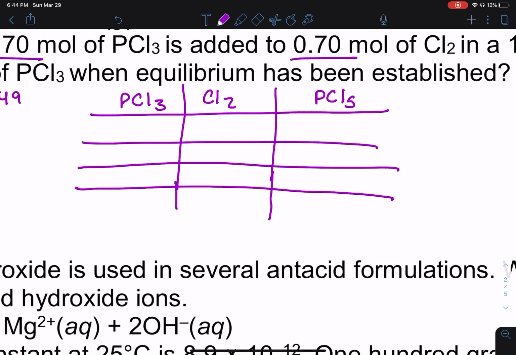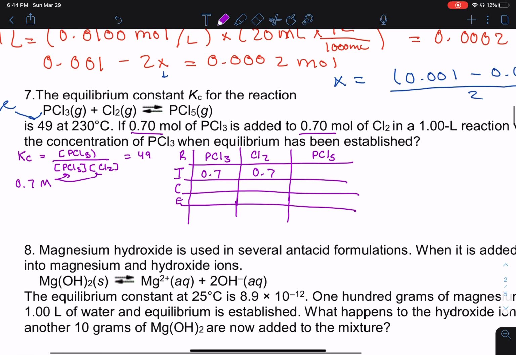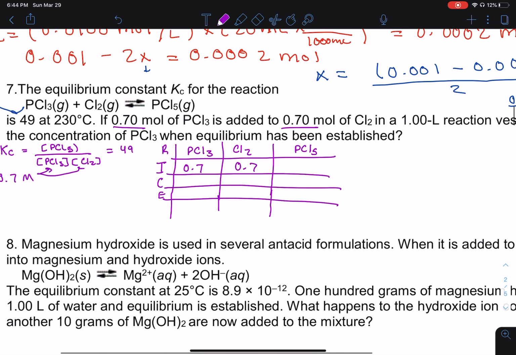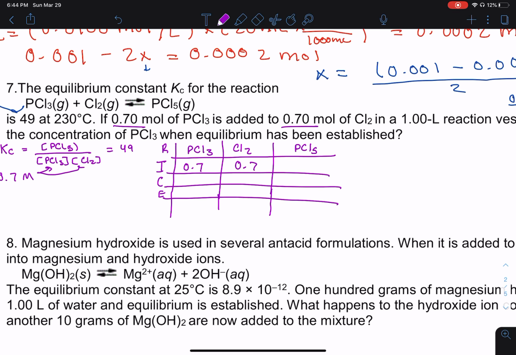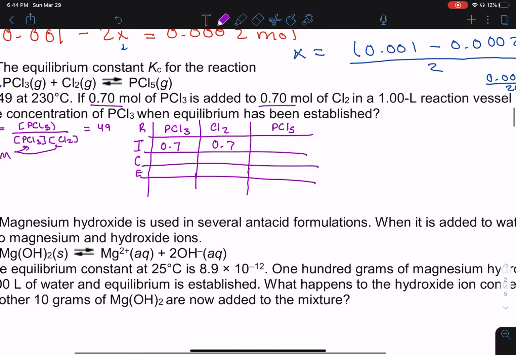So we have 0.7 here, 0.7 here, and we have 0 here.